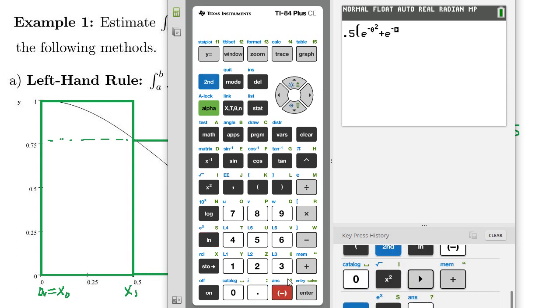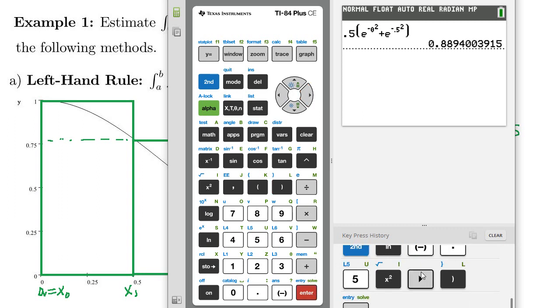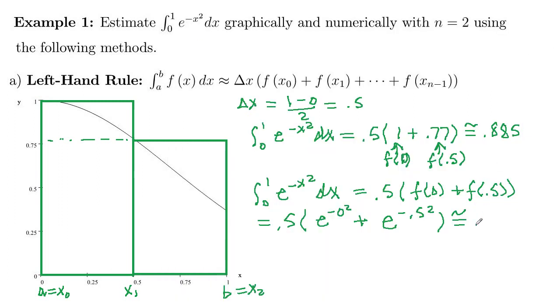And I've got a minus sign and 0.5, and that guy gets squared. Arrow to the right, close up the parentheses, 0.8894 to 4 decimal places. So closer to 0.89, and here 0.885 rounds to 0.89.